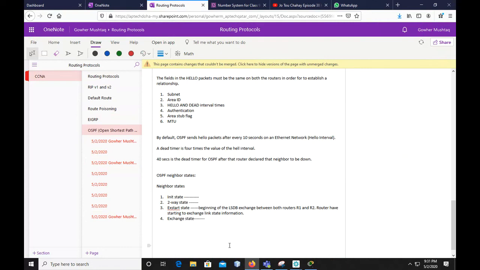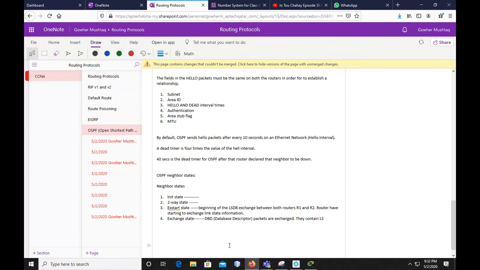Fourth state is exchange state. What's exchange state? Now, there is one more thing in the network topology, which is DBD, and it stands for database descriptor. So at this stage, the DBD packets are exchanged. These DBD packets contain basically what information?